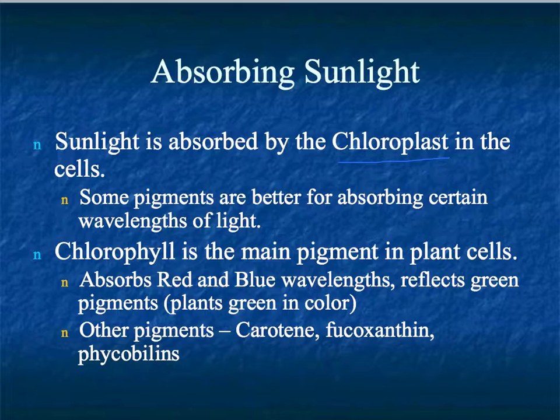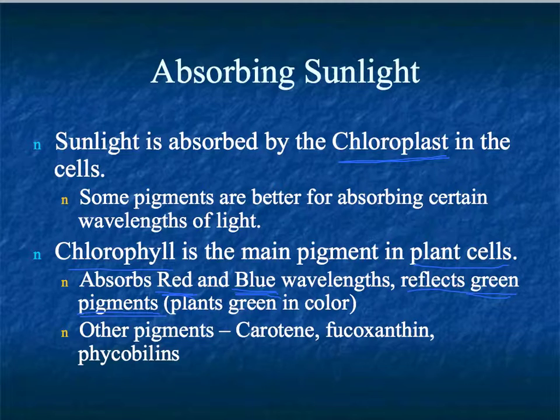So when we look at chlorophyll, chlorophyll is the main pigment in plant cells. It is going to absorb red and blue wavelengths, which in turn means it's going to reflect the green. And this is why plants are green in color.